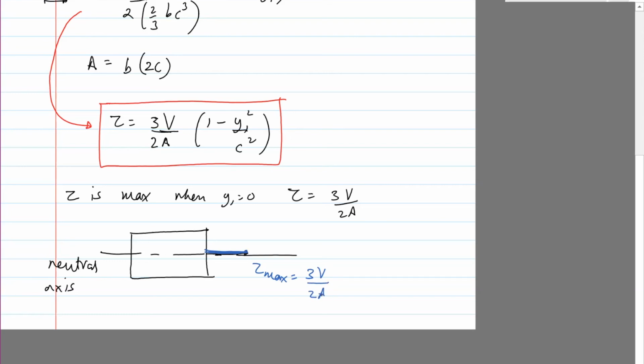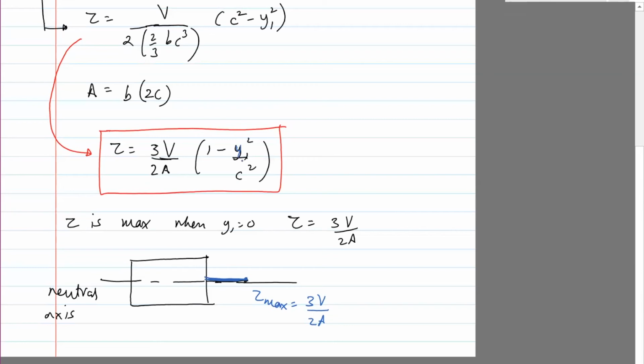And then it's 0 at the edges, right? Because when you put y1 equals c, you get 1 minus 1, so it's 0. So it's 0 here and 0 there. And between those points, you use this equation to connect, and that equation is the equation of a parabola. So it won't be a straight line. So it will actually be this way.